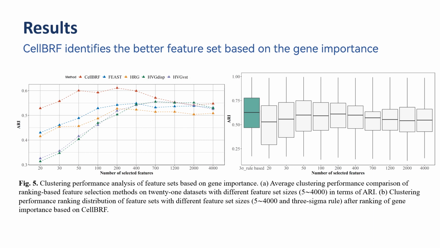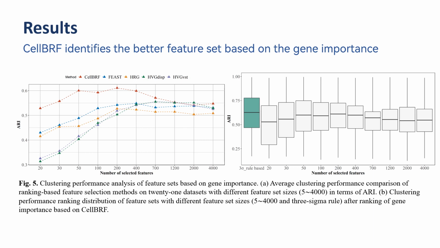The key to ranking-based feature selection methods is whether the adopted gene importance measure can reflect its ability to distinguish cell types or not. Therefore, we compare CellBRF with 4 other ranking-based feature selection methods. We evaluate the clustering performance of each algorithm across a wide range of feature set sizes, from 20 to 4,000, and then calculate the average ARI value across all datasets.